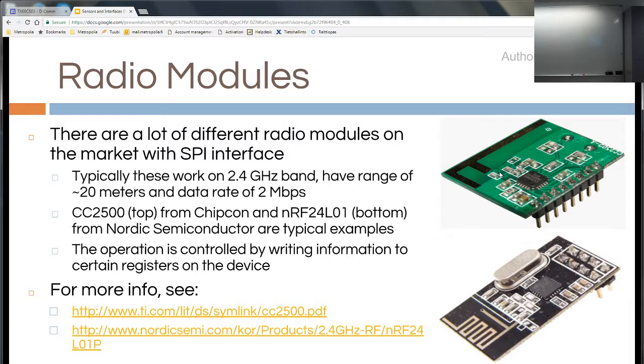Then radio modules. All sorts of radio modules. We will be using on our radio communication the NRF24L01 Plus device, which is very simple. It has an SPI interface, and it's rather simple to use. There are something like 100 registers.